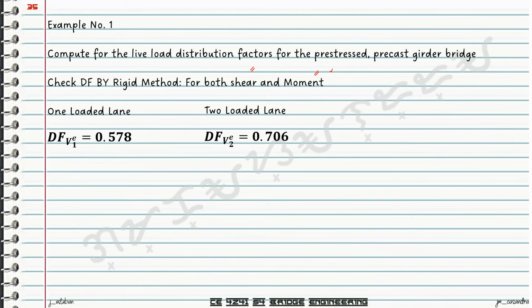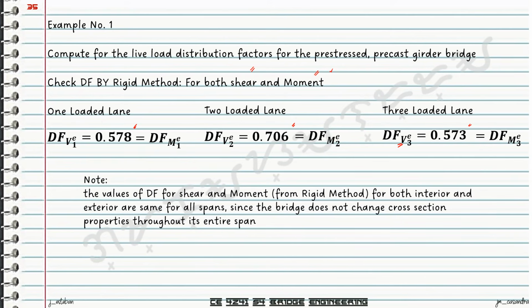Two lanes loaded, we get 0.706. Three lanes loaded, we get 0.573, which are also the same as the distribution factors for our moments. So this is what we got in the moment computation earlier. They are the same as the values for shear by rigid method, since the properties of our cross sections do not change all throughout the entire span of our bridge.